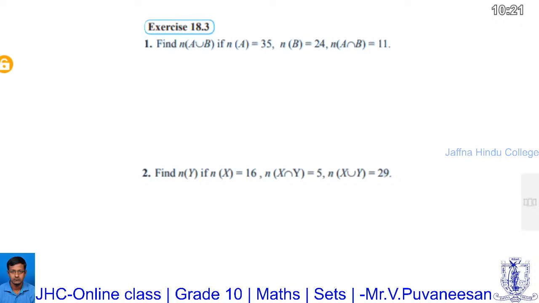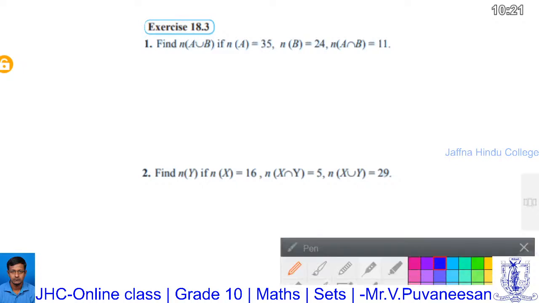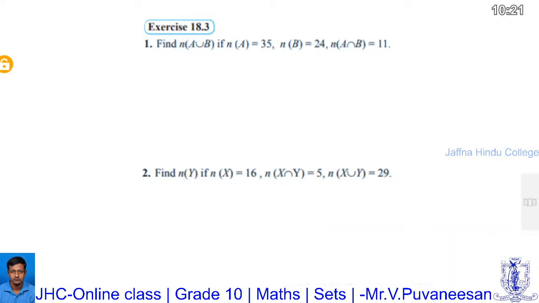First one: find the number of A union B if number of A equals 35, number of B equals 24, number of A intersection B equals 11. Here we can use the formula. We have to find the number of A union B, and the other three are given.